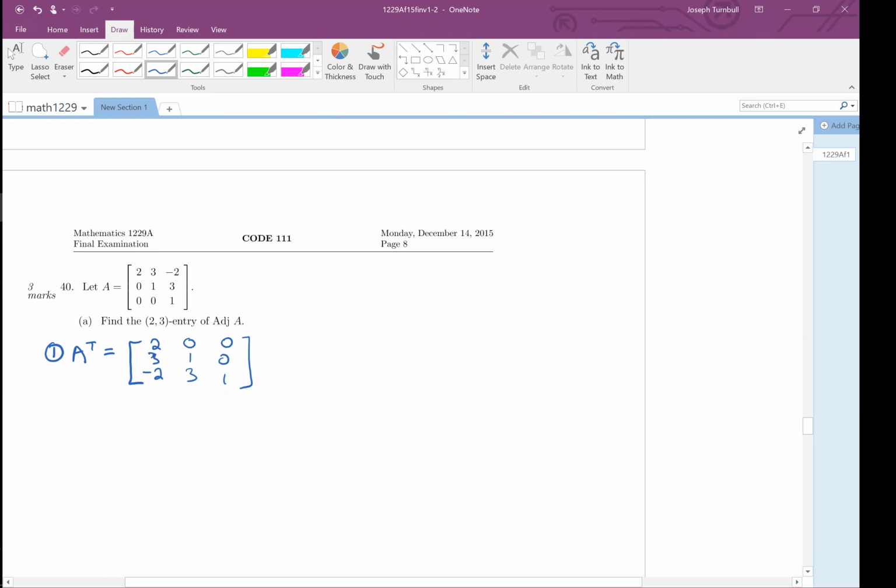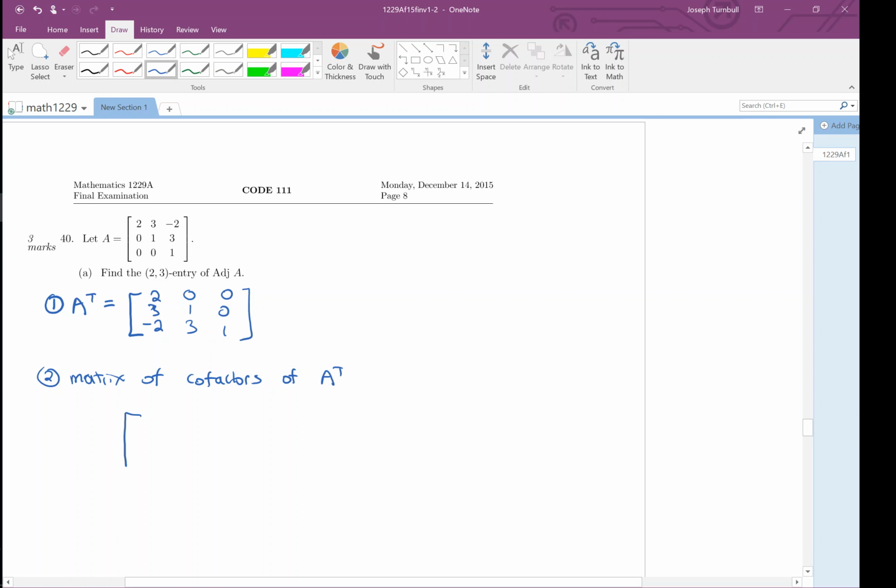Next, we calculate the matrix of cofactors of the transpose. Matrix of cofactors of A transpose.